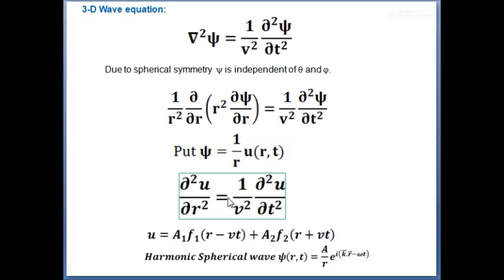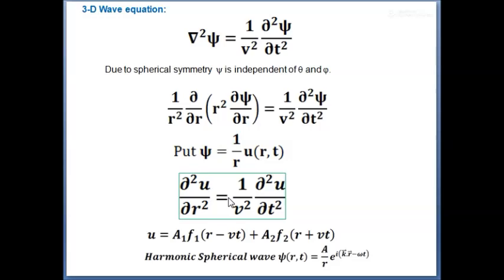And the solution of this differential equation, that is del square u by del r square equals 1 by v square del square u by del t square, I can easily solve, because this equation has a reducible form by separation of variables.